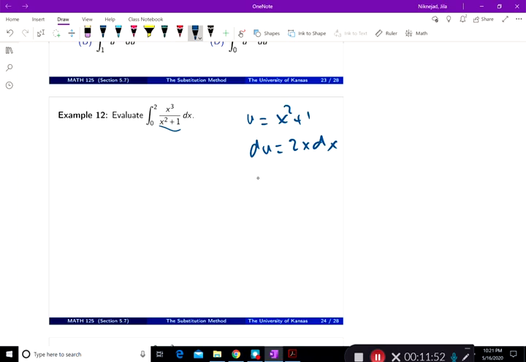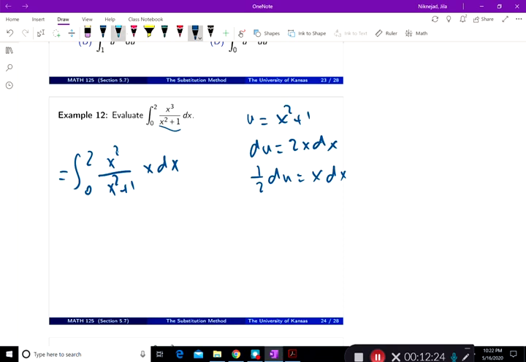I don't have a 2 in there, so I make 1/2 of du equal to x dx. Looking at that, I have x to the third dx. So basically breaking this down, it is the integral from 0 to 2 of x squared over x squared plus 1 times x dx. So far not too bad.